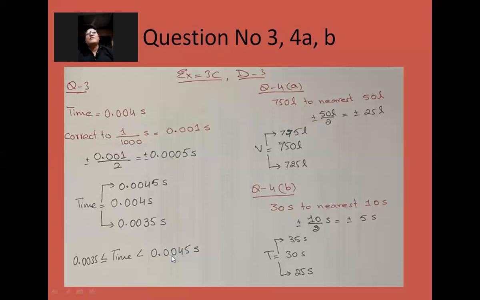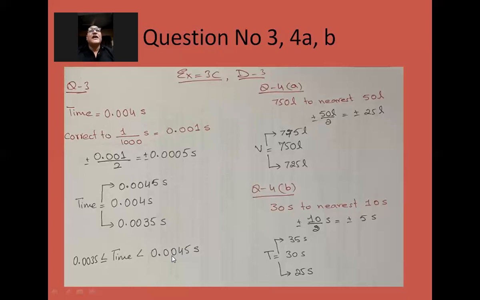In your main measurement, if you add the 5 seconds, you will get the upper bound of the time. And from the main measurement, if you subtract the 5 seconds, you will get the lower bound. So 30 seconds plus 5 is 35 seconds, your upper bound. And 30 seconds, the main measurement, minus 5 seconds gives you your lower bound, 25 seconds.